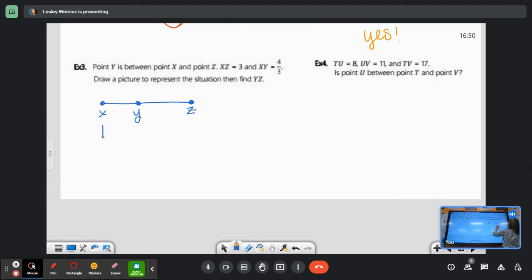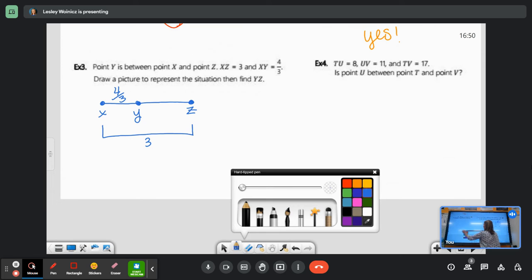So the big total is 3, and XY is 4/3. Okay, 4/3 is 1.3 repeating, so it's like 1 1/3, a little bit more than 1, but not quite 1 1/2. All right, we have to draw a picture. We did that, and then we have to find YZ.